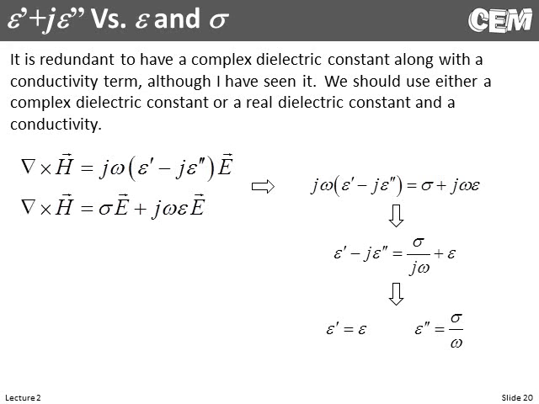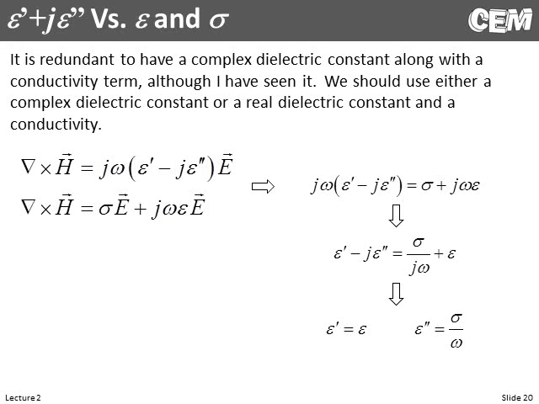Okay, there's sort of 2 worlds where we can specify material properties. We know we have a dielectric constant, we have loss. We can lump that into a complex dielectric constant, or in another school of thought, we want a purely real dielectric constant and a conductivity. But notice in each case there's 2 numbers. You either have a real and imaginary part of a complex number, or you have a real permittivity and a real conductivity.